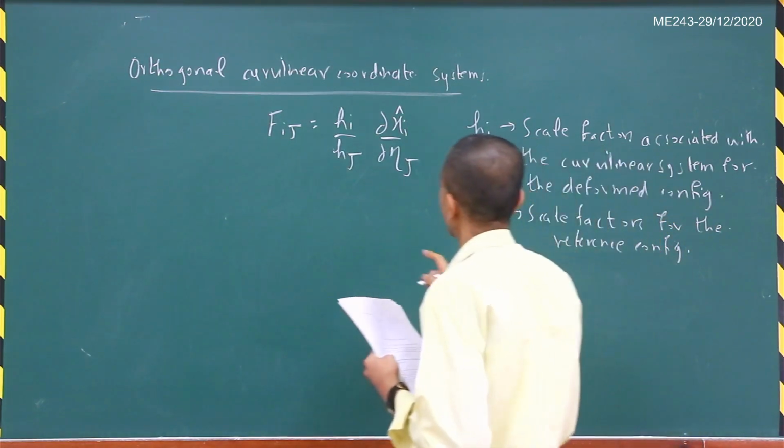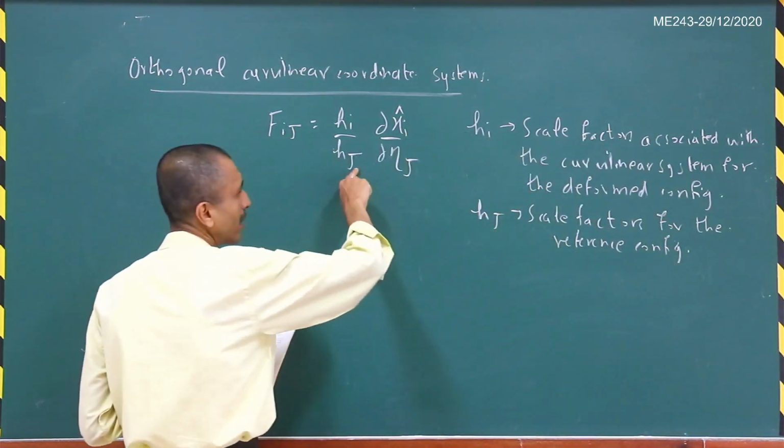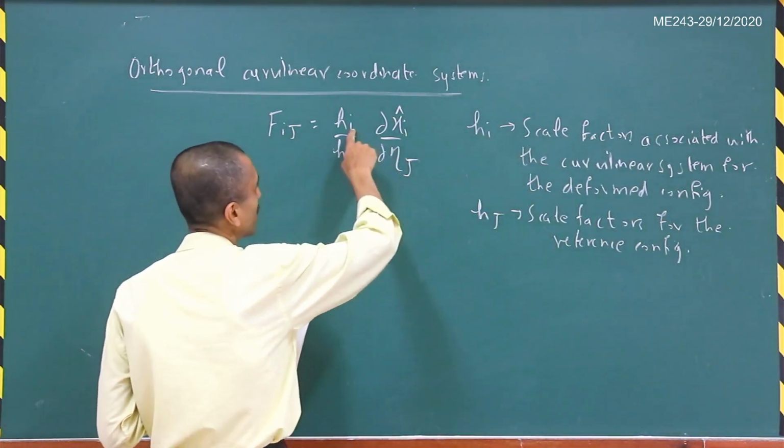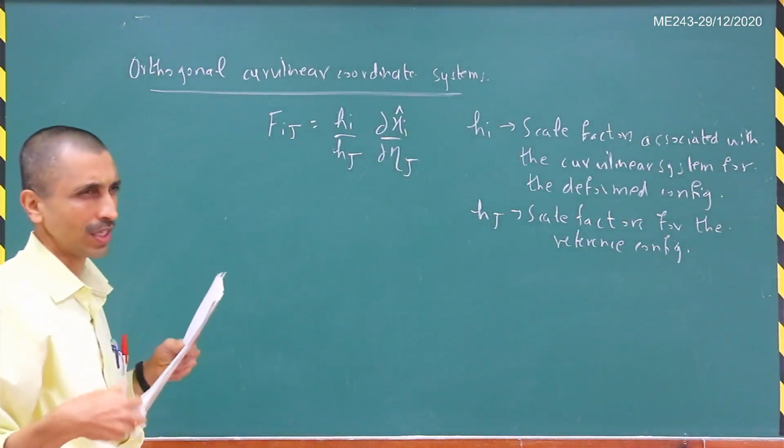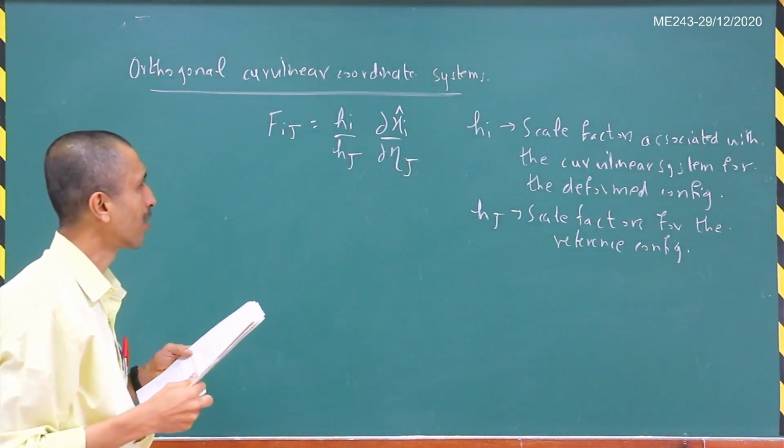Typically the capital letter is used for the reference configuration, and the small letter index is used for the deformed configuration here.